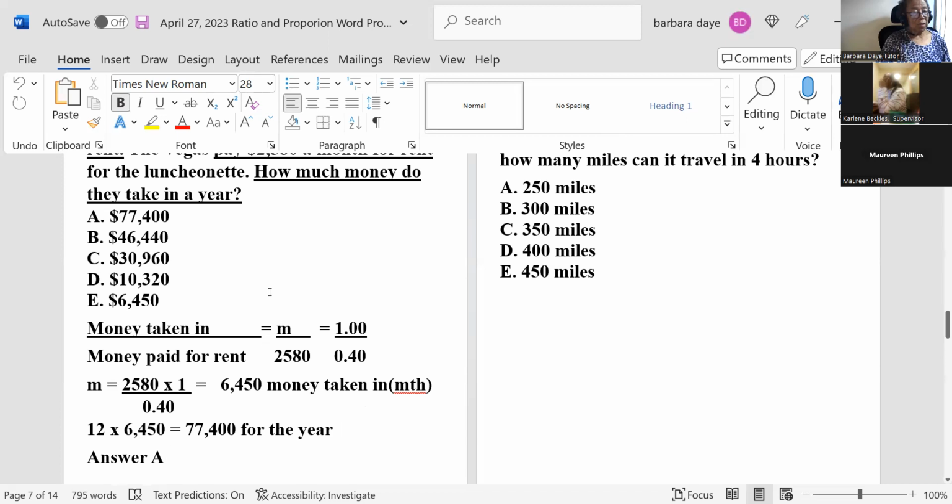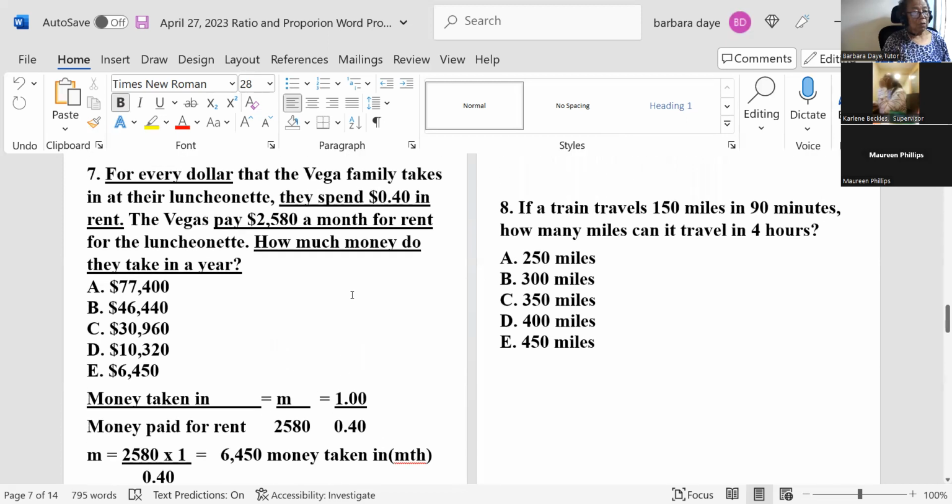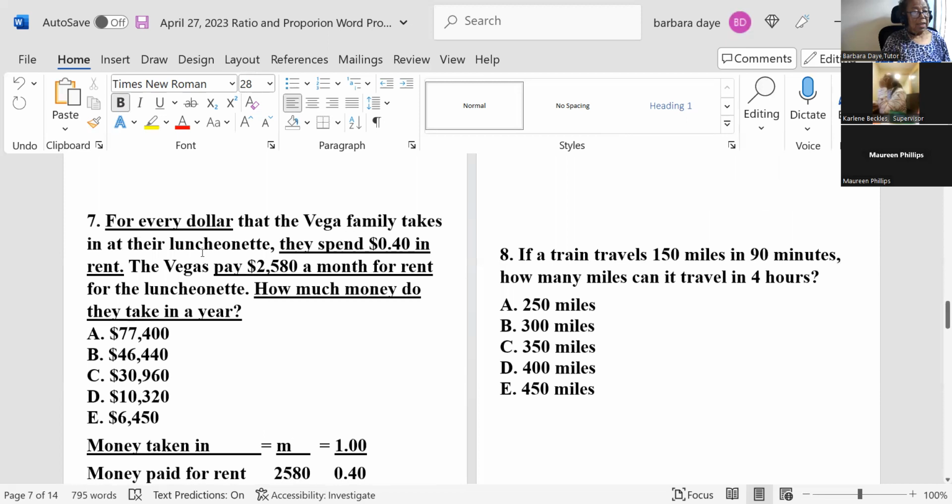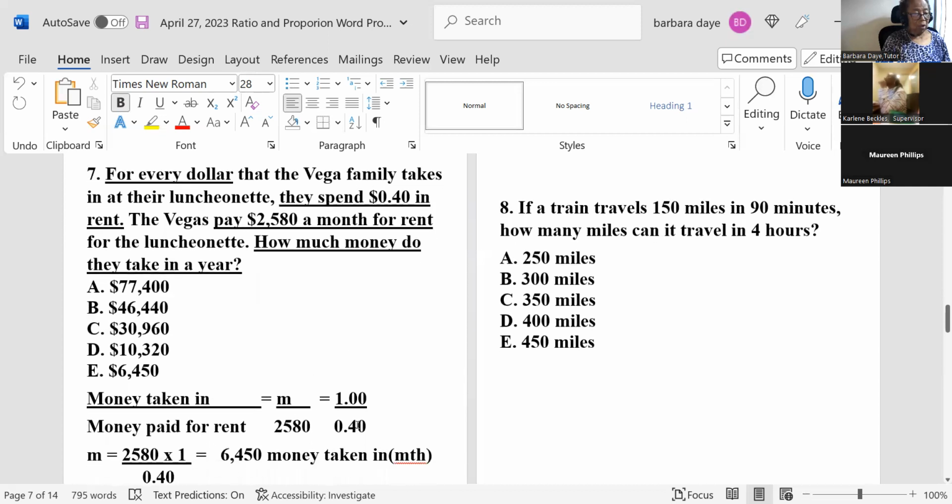This one was a little involved, Maureen, because they gave you how much they spent out of every dollar for rent. They gave you the amount they spent for rent, but that's for the month. So you had to find, when they paid 2,580 a month for rent, what amount they took in for the month. We can find that because we know 0.40 of the dollar represents how much they paid for rent.